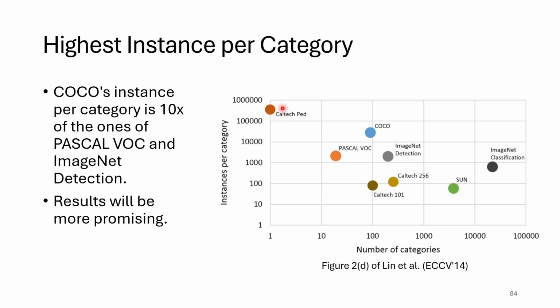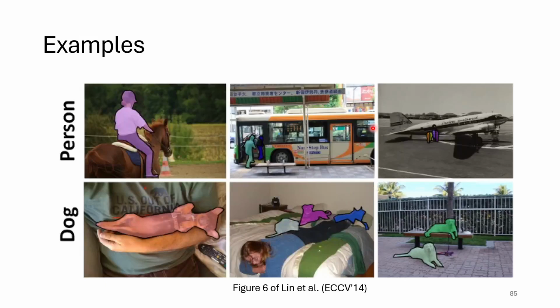However, there are a lot of images. And compare with ImageNet, which also has a detection subset. Although there are more classes, the instances per class are close to Pascal VOC, much less than Microsoft COCO. So that's the reason Microsoft COCO is very important.